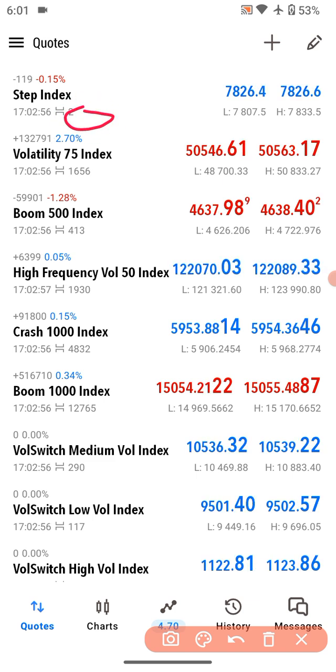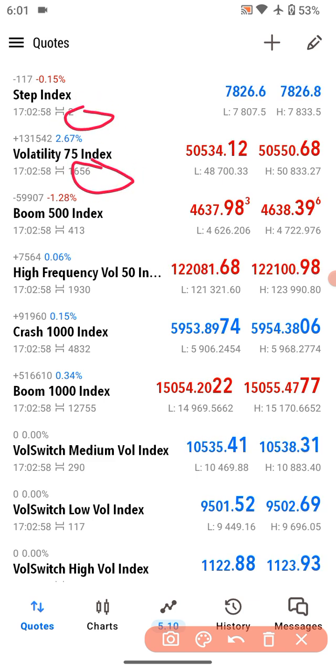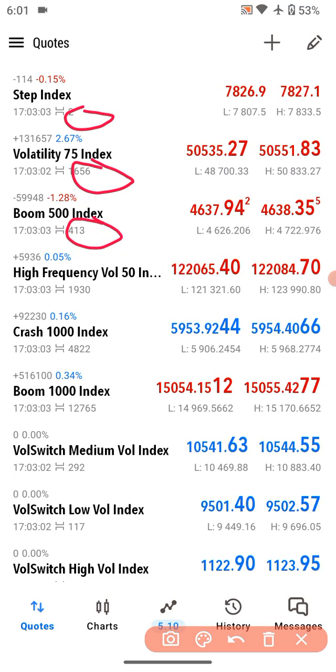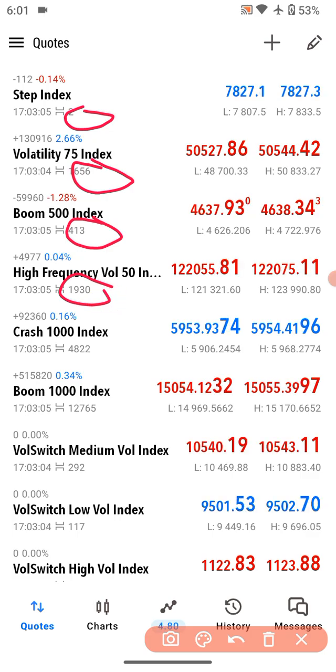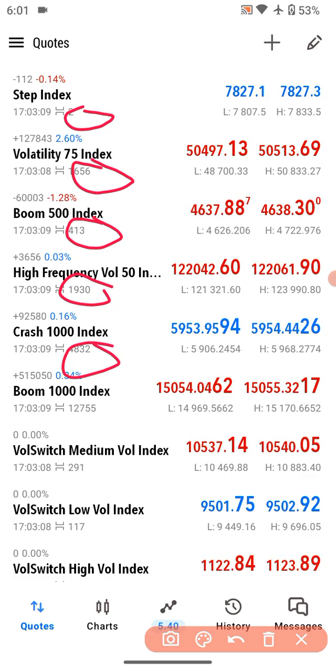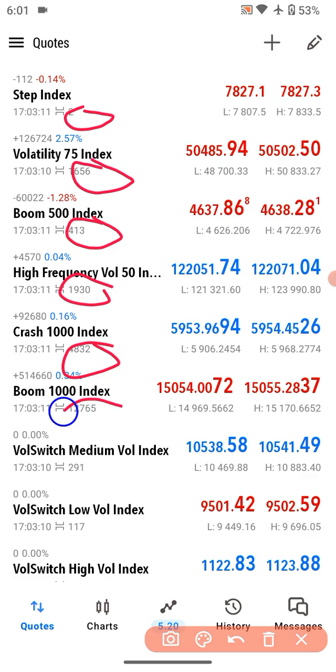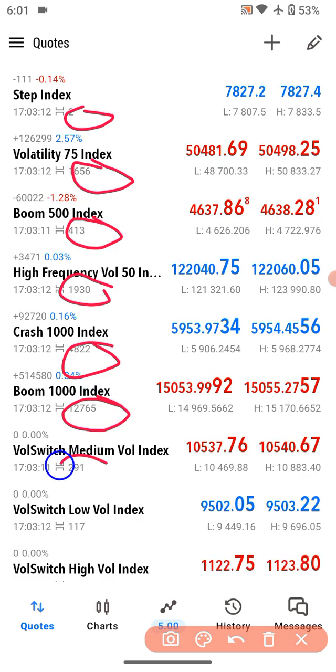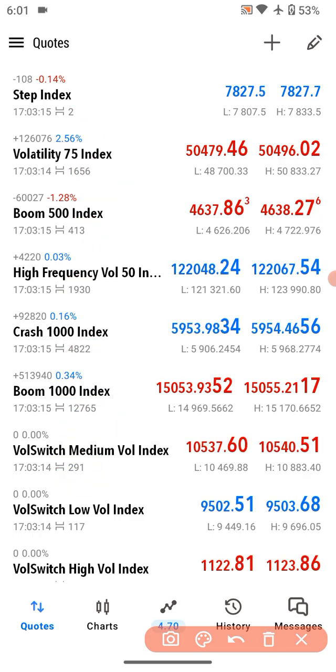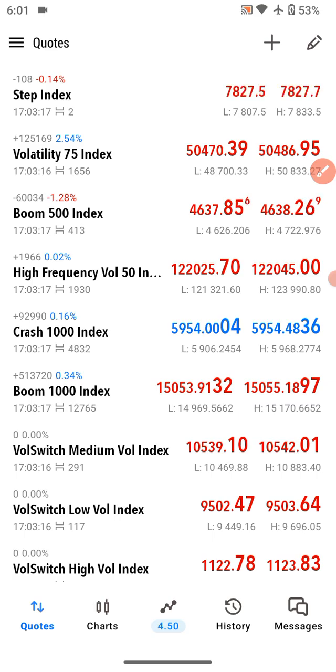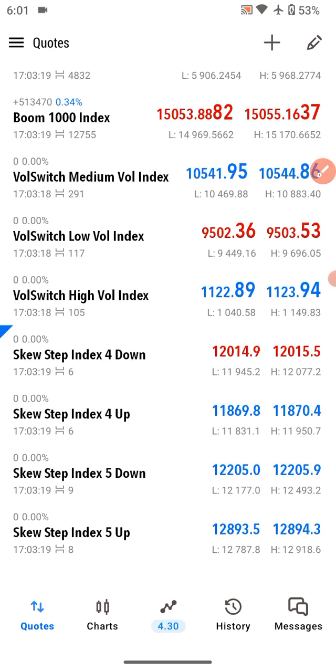This is a spread. 21656 is the spread. 413 is the spread. 1930 is the spread here. 4822 is also the spread. 12755 is the spread. So what do all the spreads do? They basically tell you how much will be subtracted from your account each time you take that trade.